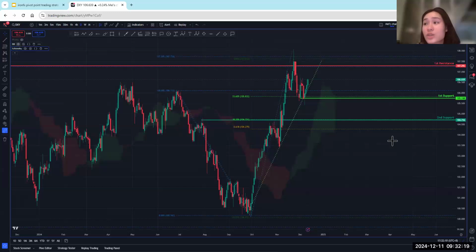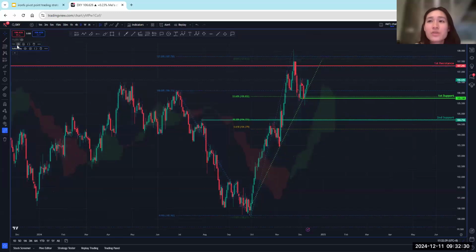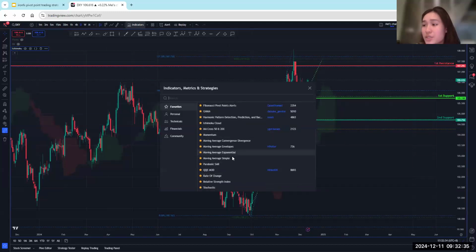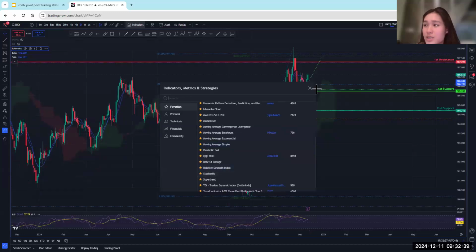Next, let's look at our Bollinger Bands. So prices are kind of pushing above the upper half of our Bollinger Band, but that doesn't really tell us that much right now. So I'm going to remove that. Let's look at our moving averages, EMA, SMA. Let's also look at RSI and stochastic.